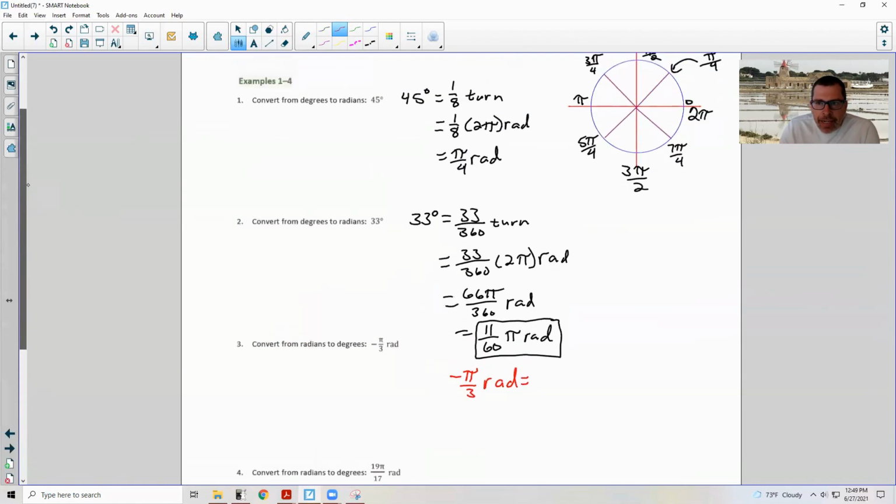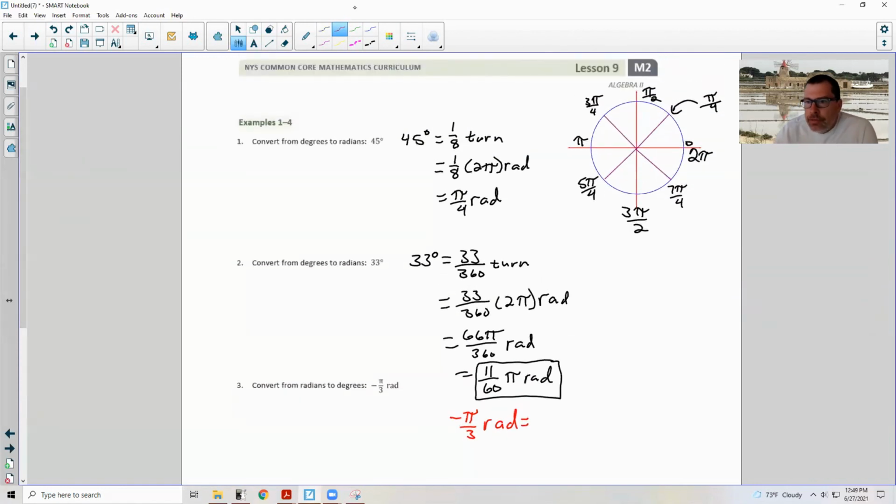Looking back at our unit circle here, I don't see a pi over 3. We'd have to cut this circle into thirds. So let me do that. I went back to the basics. We're going to leave those 4 there all the time. And remember, pi is right here. So how many thirds is pi?